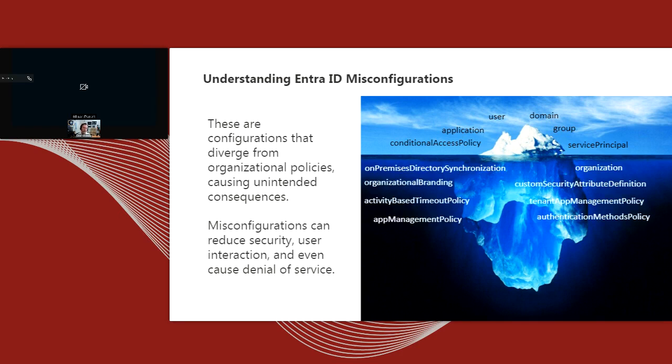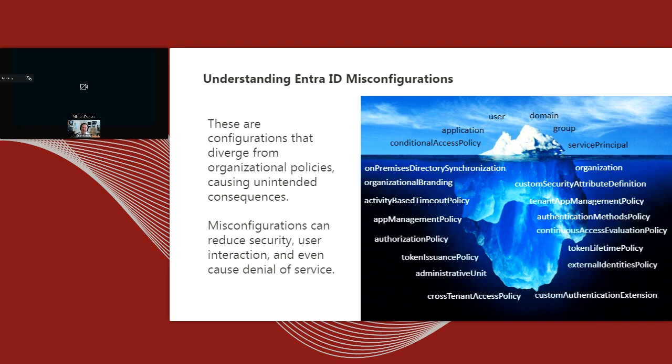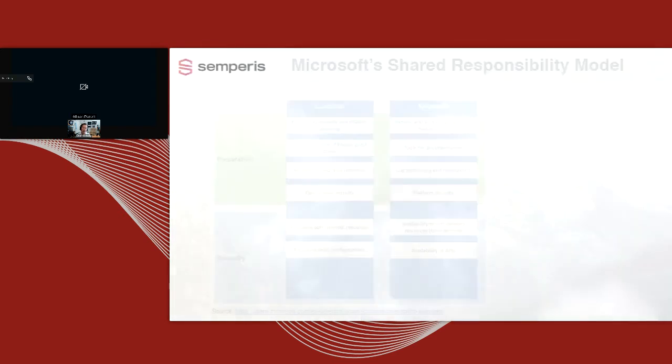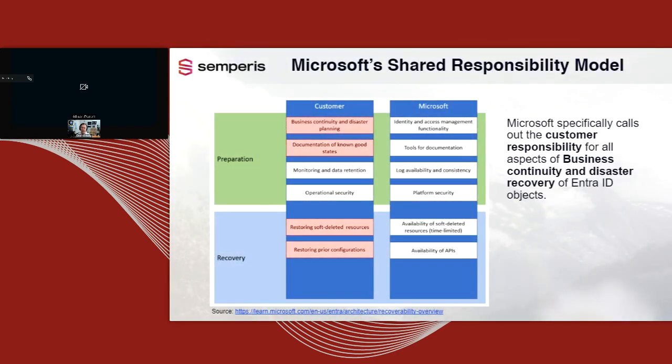But what Entra has underneath are a ton of configurations to keep track of. So you can restore a user, for example, or perhaps a service principal. But if something has been hard deleted, which is completely gone and forever, those configurations have to be recovered. And usually it's recovered manually.